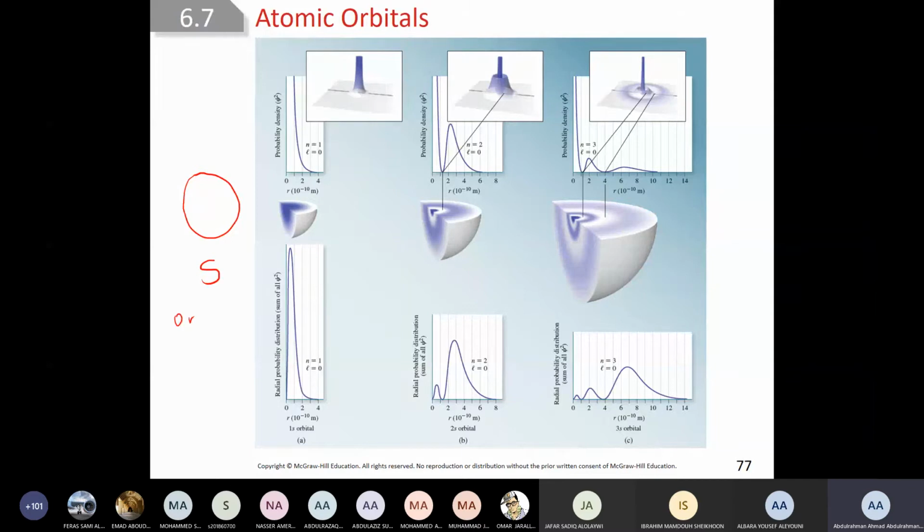The shape is what? A ball. What do I mean by ball? It's not a circle like we used to know. You remember Bohr put it as a circle. Now the electron is in a ball. And where is the electron in this ball?